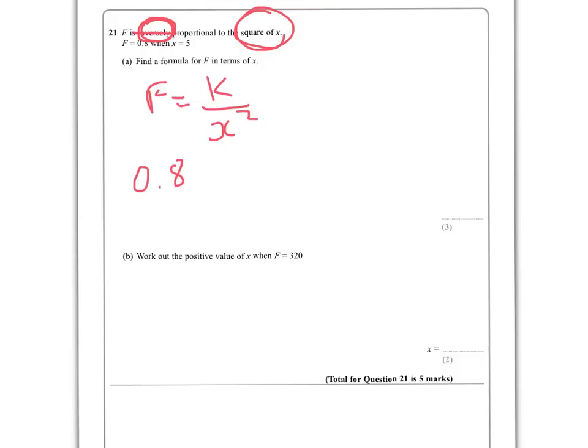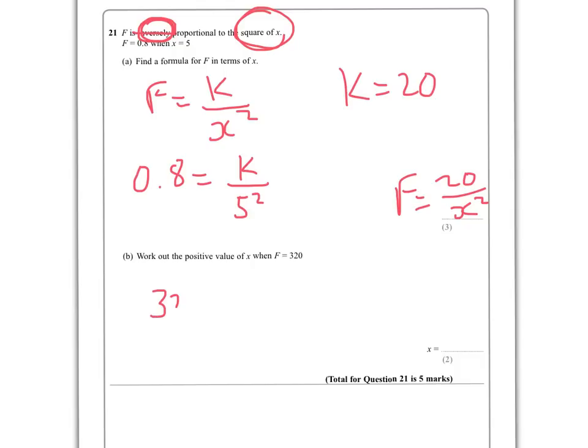We've got 0.8 equals k over 5 squared, and we end up with k being 20 because we've got 25 times 0.8, so we get f equals 20 over x squared. We're going to use that in part b. So when f is 320, work out what x is, a positive value of x.